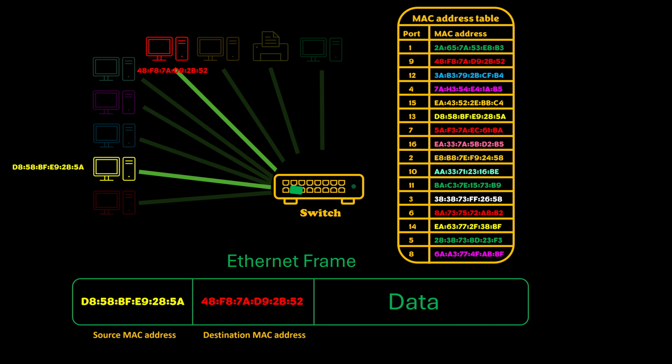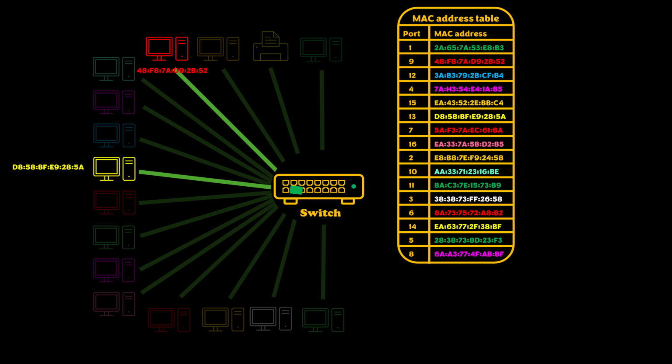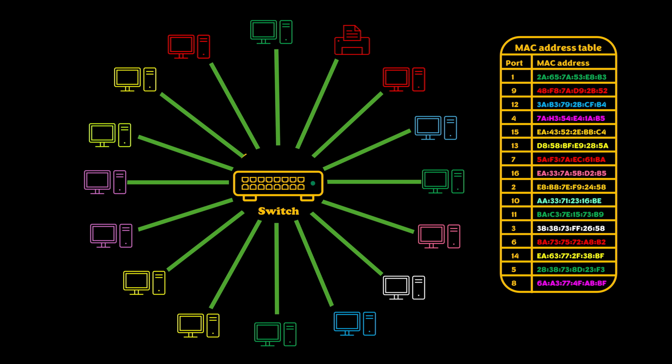Everything else can be referred to as data. The switch will use its MAC address table to find a match for the destination MAC address and then forward that data to the correct physical port. This is how switches work. Switches use MAC addresses to find out where to send data.